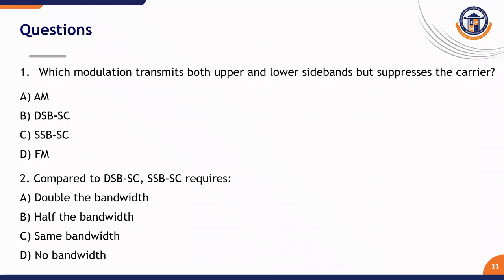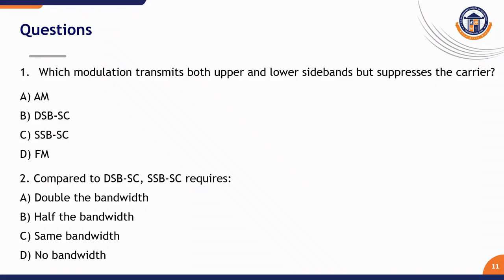So, DSB-SC and SSB-SC modulation techniques are efficient alternatives when compared to conventional AM systems. DSB-SC improves power efficiency by completely suppressing the carrier while transmitting both sidebands which carry the information. But SSB-SC further enhances efficiency by transmitting only one sideband and suppressing both the carrier and the redundant sideband, also reducing bandwidth and power requirements.